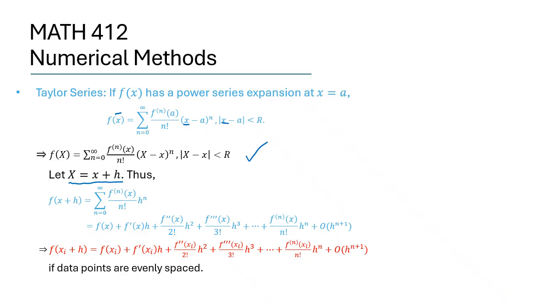Therefore, capital X minus little x is h, right? Now we substitute these two into that formula and arrive at this. This part is h, so we simply have h. That's it. We expand it, and we get this formula.